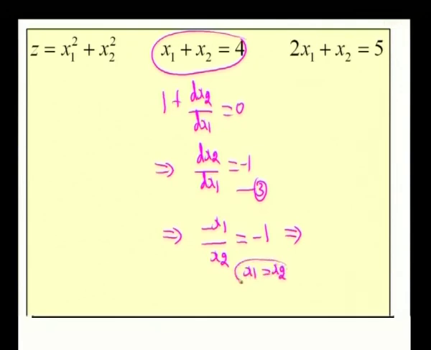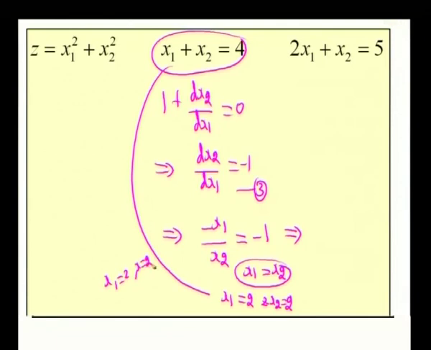So, with this value of x1 equal to x2, from this equation we get x1 equal to 2 and x2 also 2. So, this point x1 equal to 2 and x2 equal to 2 shows that the tangent of this circle to this line occurs at the point 2, 2.